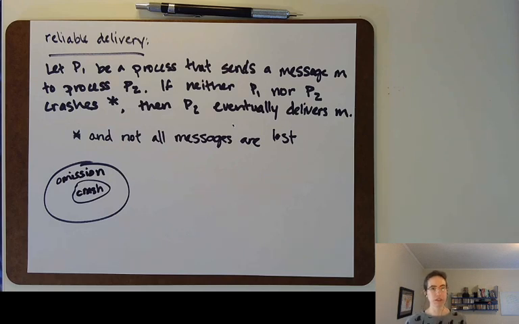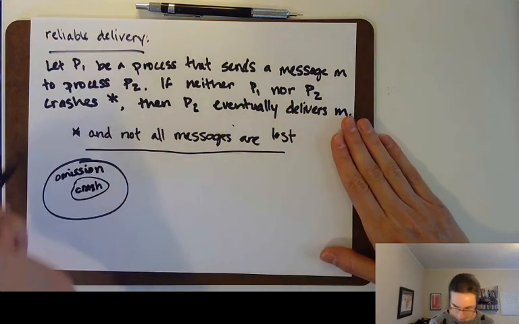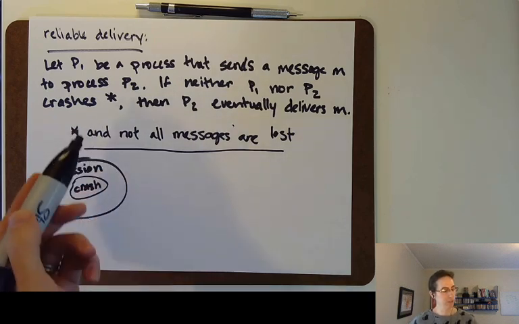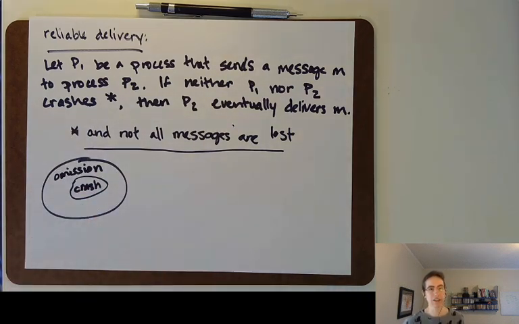And omission failures are actually quite common in practice. So we need to have this extra bit in here as well. So we'd better have that assumption. Okay. Although this is a little bit annoying that the definition of reliable delivery differs depending on which fault model we're working in. So we'll come back to that later.